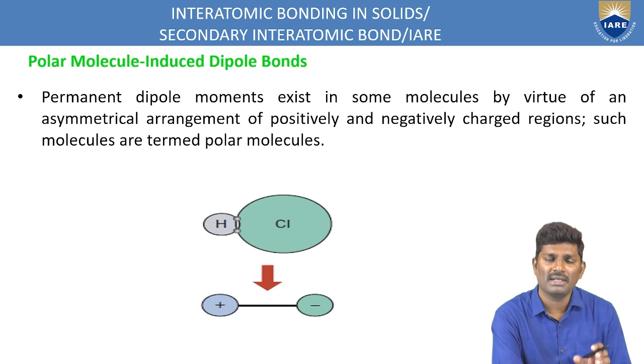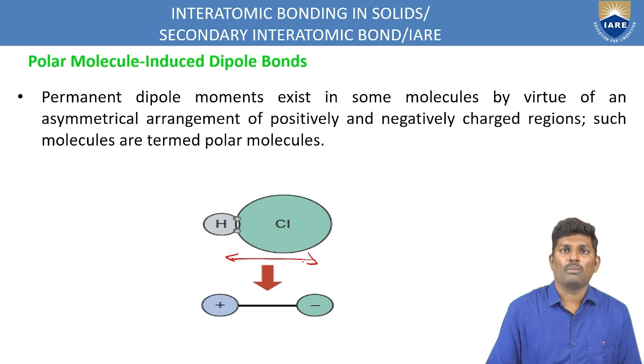So a permanent dipole moment exists between the two molecules or atoms. There is no good bonding in this type of bonding either. Though the positive and negative charges of atoms are available, this does not give a good, strong bond. So this is the polar molecule induced dipole.